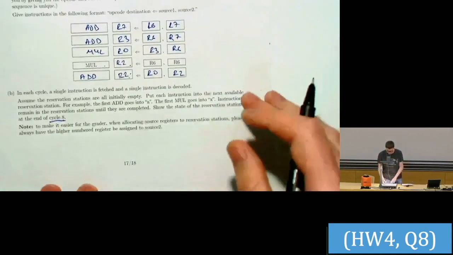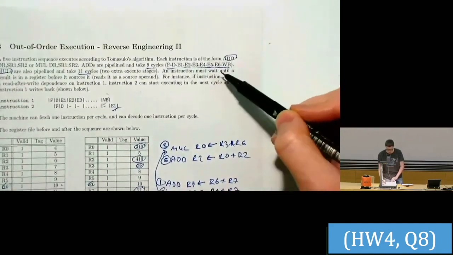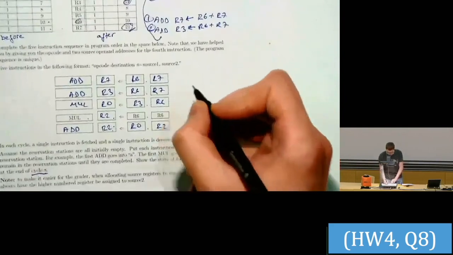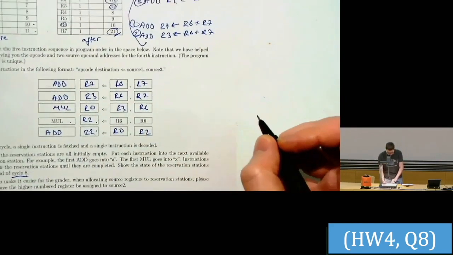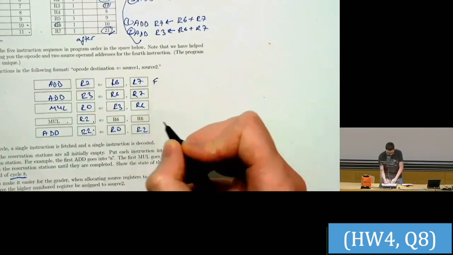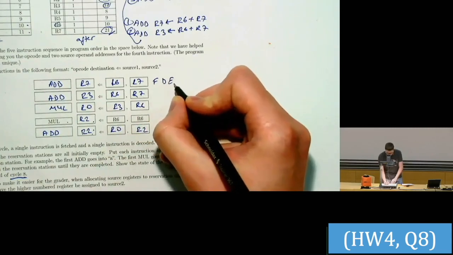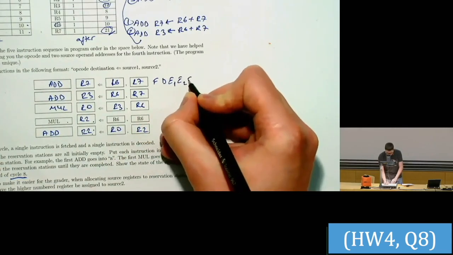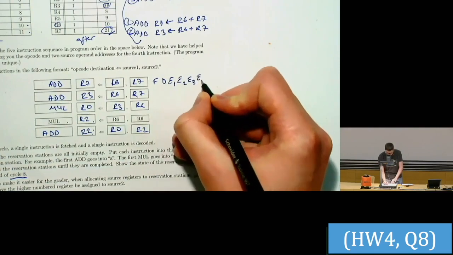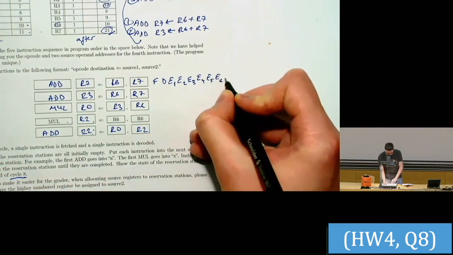So here in the beginning, we were given these stages that the addition and the multiplication go through. So I will just write it here. In the first cycle, for the add instruction, we will do fetch and then decode, and then we will go through E1, E2, E3, E4, E5, E6, and then it will be write back, right?